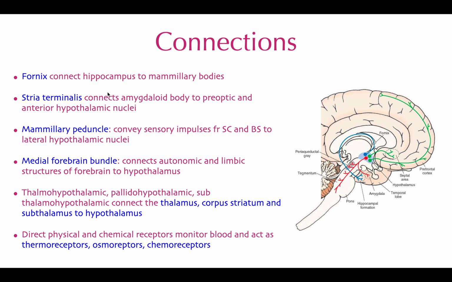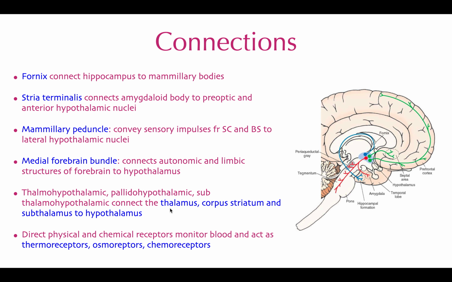So the fornix will connect the hippocampus straight to the mammillary bodies. The stria terminalis is responsible for connecting the amygdaloid body to the preoptic and the anterior hypothalamic nuclei. The mammillary peduncle is going to carry sensation from the spinal cord and brainstem to the lateral hypothalamic nuclei. The medial forebrain bundle is going to connect the autonomic and limbic structures of the forebrain to the hypothalamus.